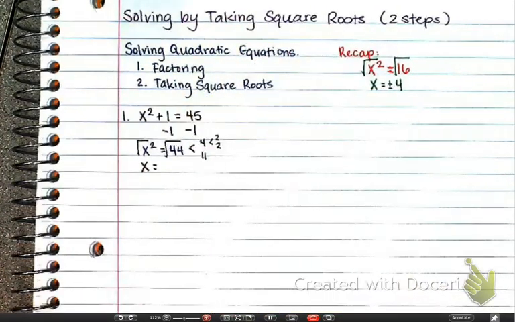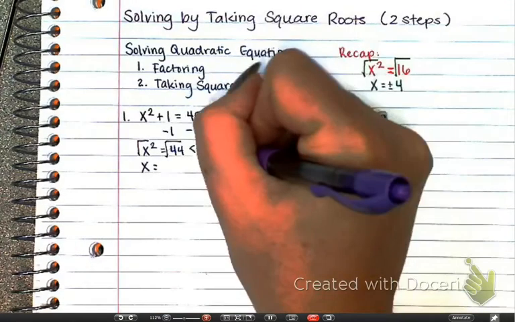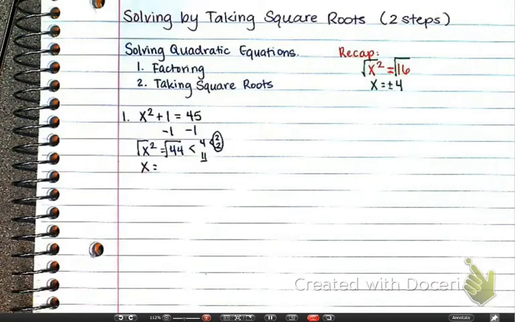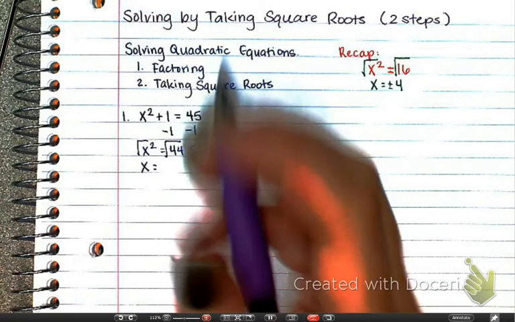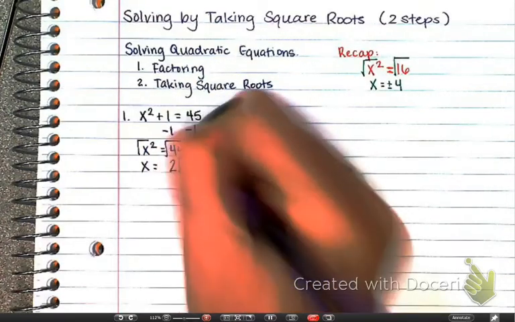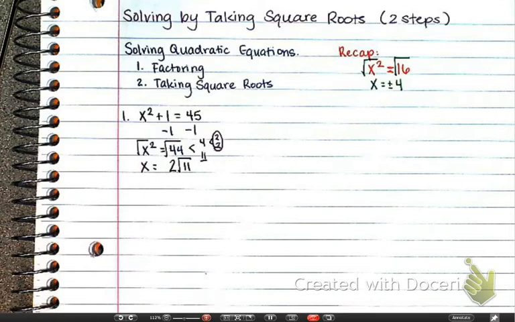Does 11 break down? Okay, so I have a pair of 2's and a leftover 11. What comes out? The 2, and then the 11 stays in. That's what's left over. And what can I not forget? Plus or minus.